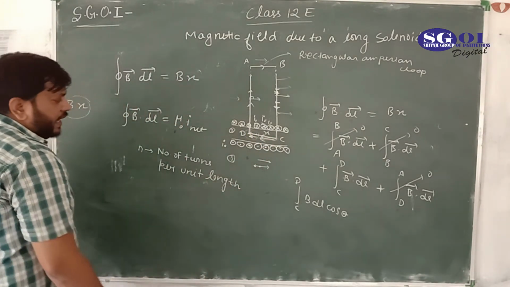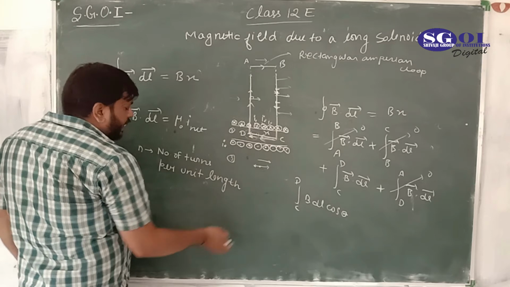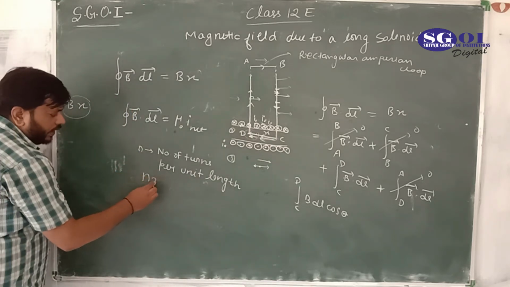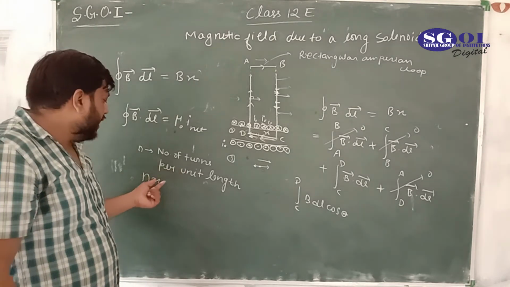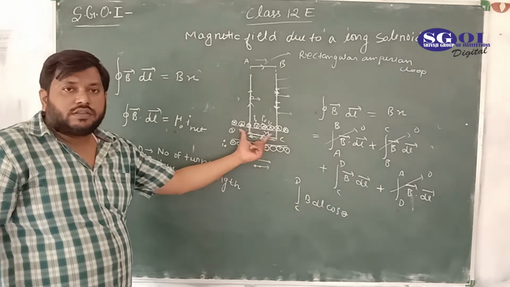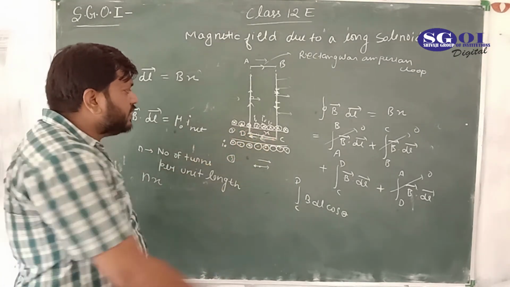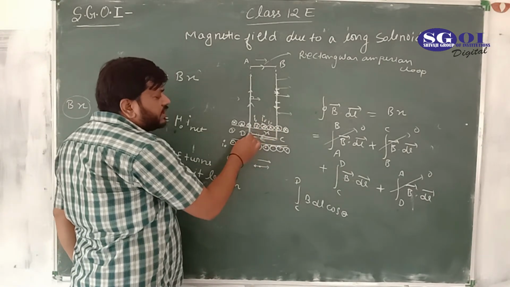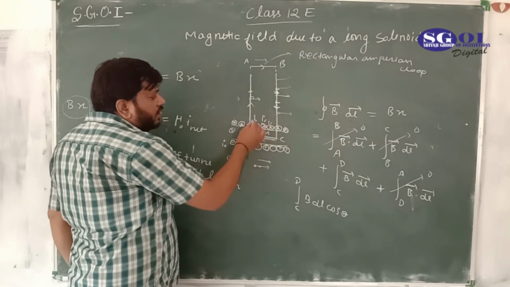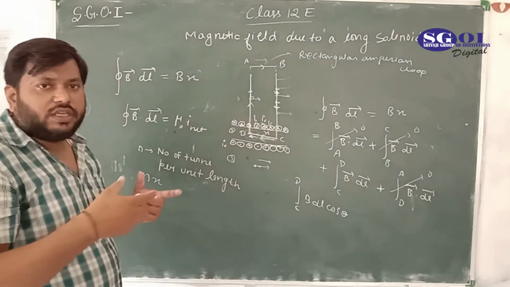For finding that, we would multiply n to x. n is the number of turns per unit length, and x is the width of this Amperian curve. From here to here, in this length, the turns are enclosed.